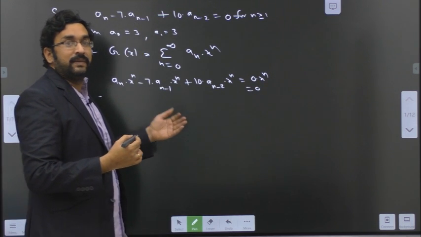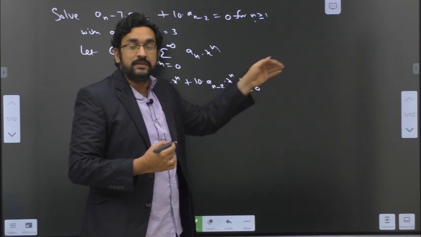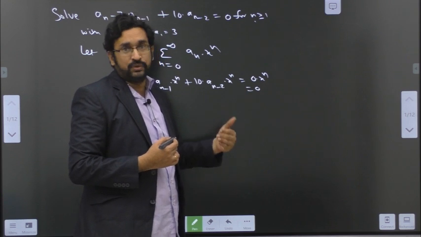Now we should take summation on both sides. As the given condition is that n is greater than or equal to 1, the summation should start from 1 to infinity.